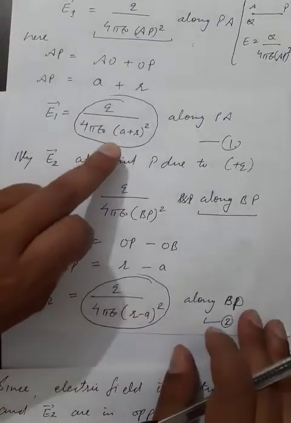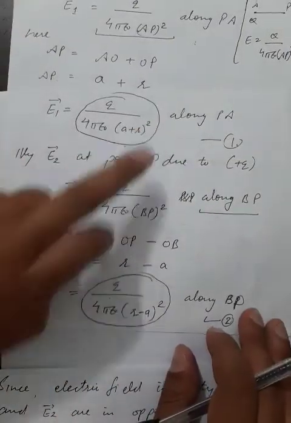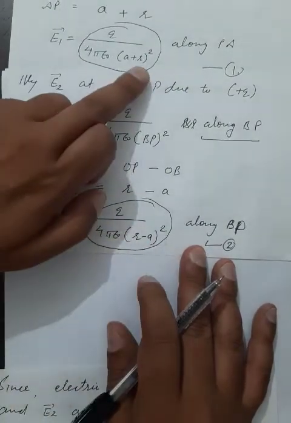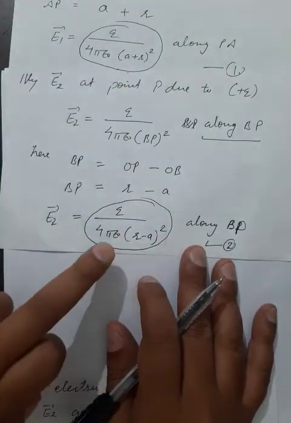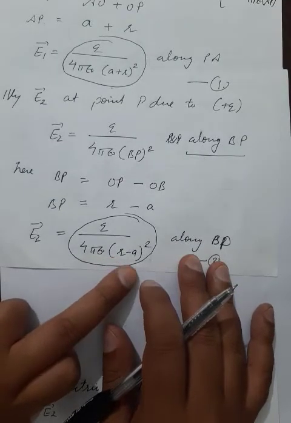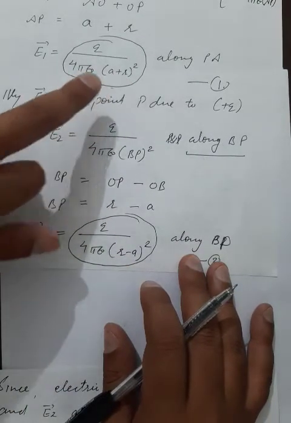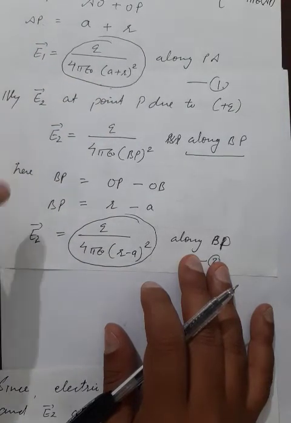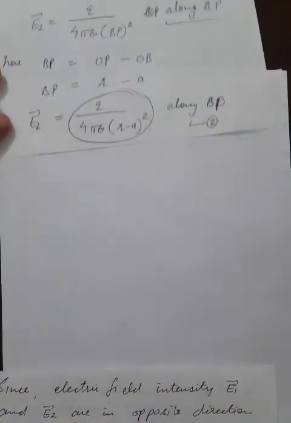In E1 the denominator is (a plus r) square, and in E2 denominator is (r minus a) square. Here r plus a, here r minus a, so denominator in case of E2 is r minus a, and here is r plus a, so here the denominator is large, so the value of E1 in magnitude will be smaller than the magnitude of E2.